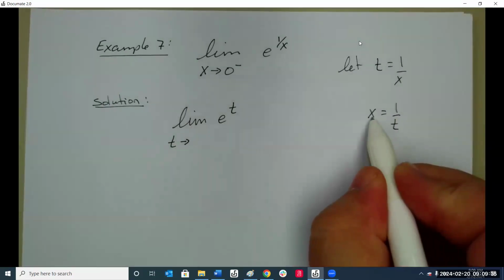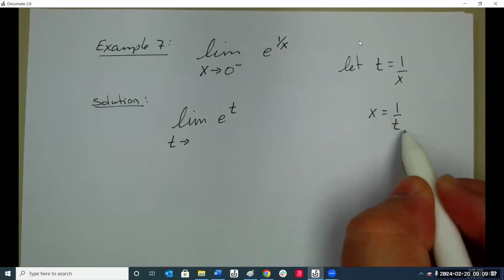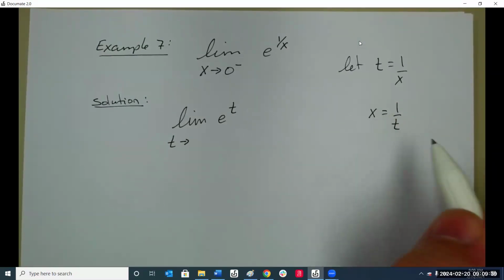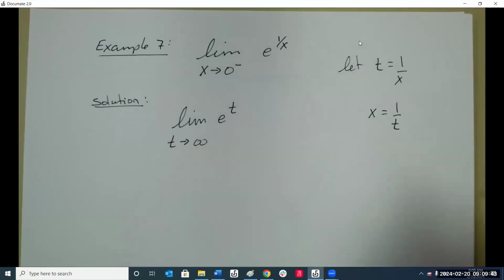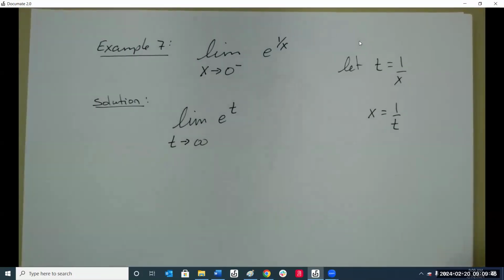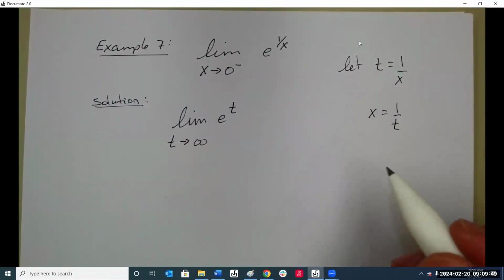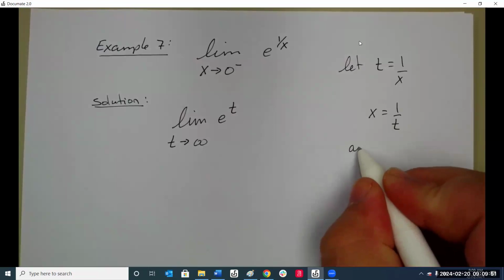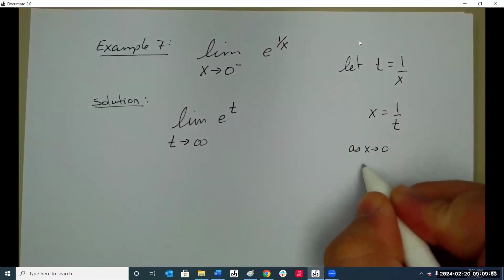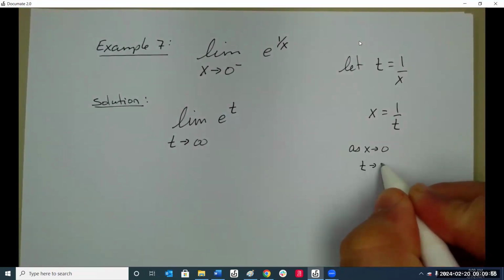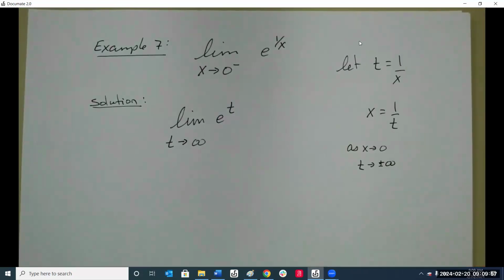As x goes to 0, what does t have to do? t has to go to infinity, or plus or minus infinity, actually.